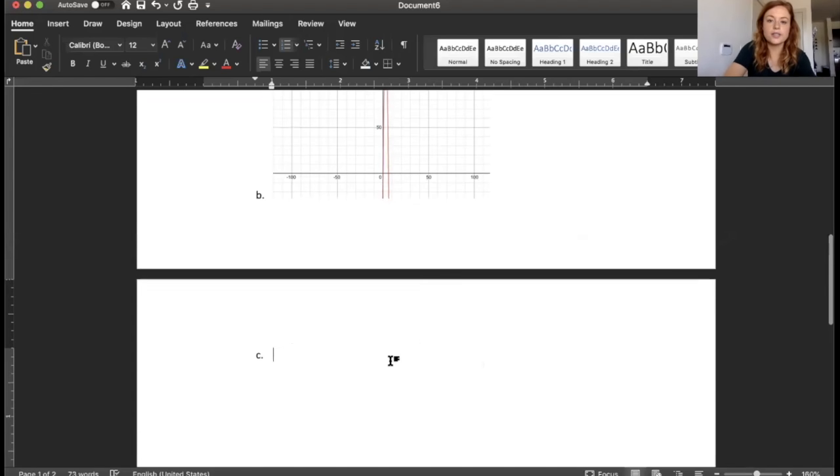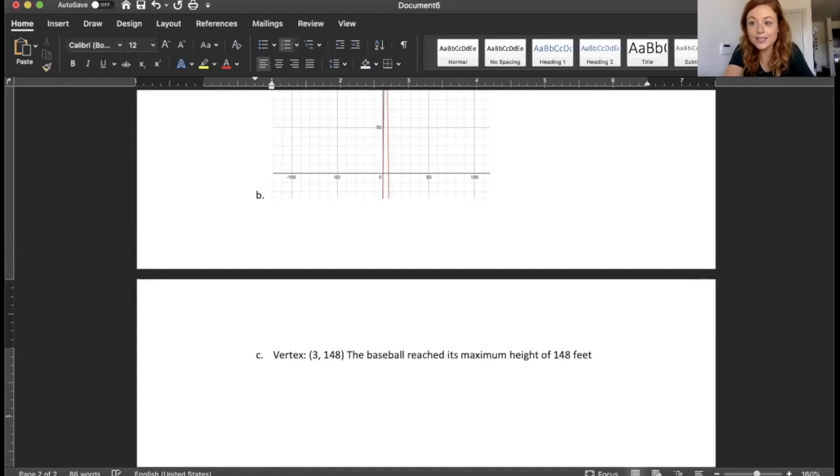Okay, so on part C, our vertex was the point 3, 148. Well, that was its maximum height. So that means that the baseball reached its maximum height of 148 feet.